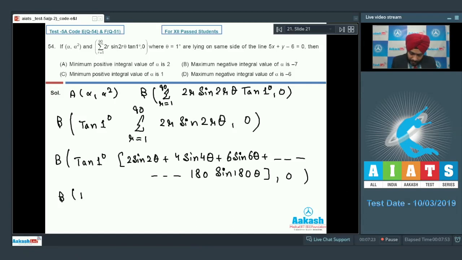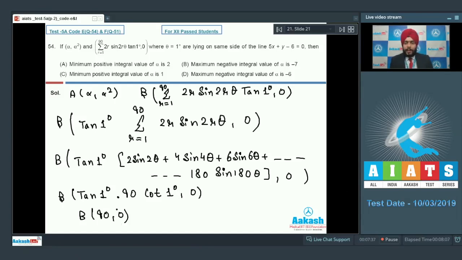So B point is tan 1 degree times 90 cot 1 degree, comma 0. So that means B point is simply 90 comma 0, and definitely 90 comma 0 will give you a positive sign with 5x plus y minus 6 equals 0.